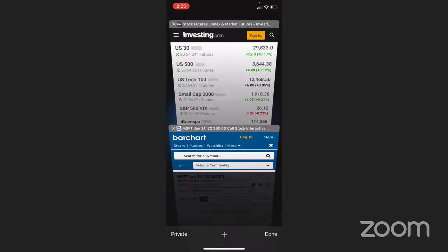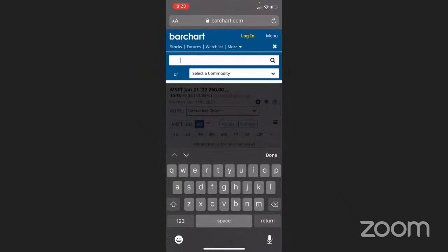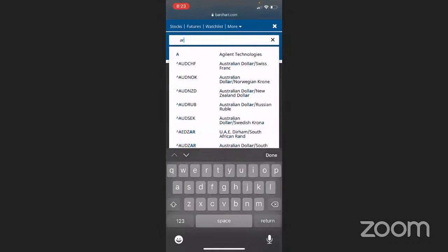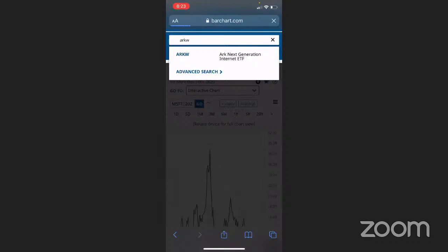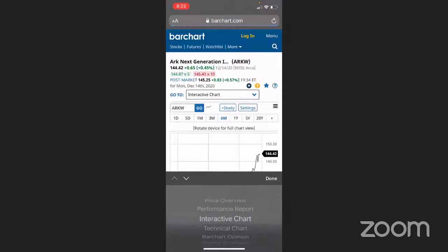Can you look at ARKW for this one? Sure, but I can go to the longest strike they have out. They don't have a 2023 out yet. Oh, that's right, it doesn't matter. It's going to show the same thing for the options chart anyway.